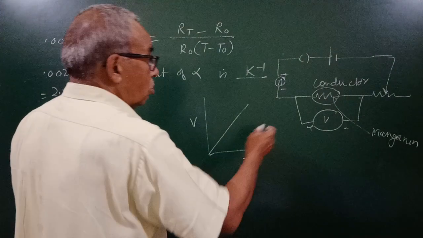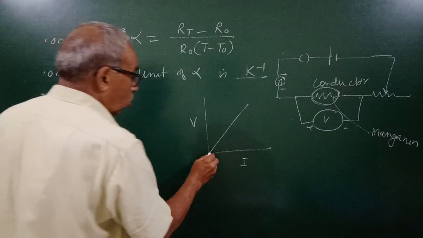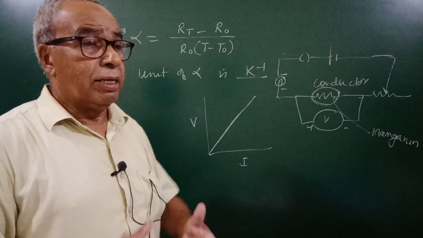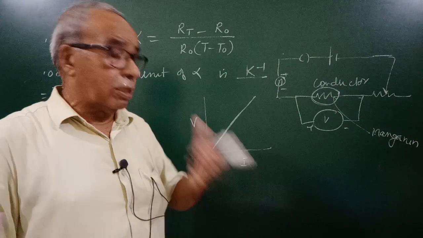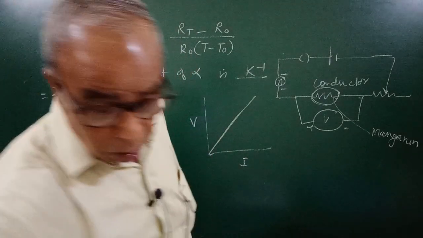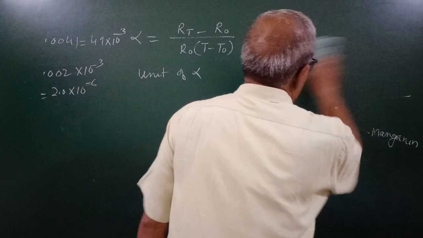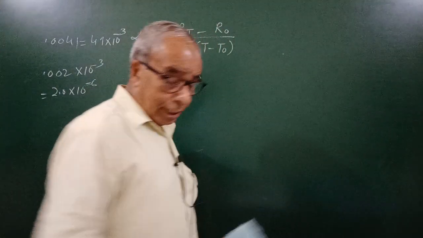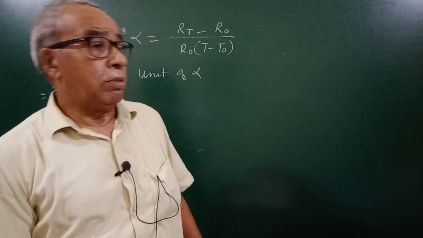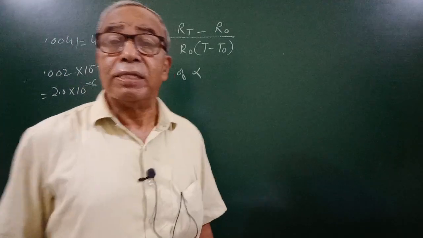In manganese the resistance does not change, so it almost comes as a straight line. Similarly, in the potentiometer and meter bridge we assume the resistance of the device remains constant. For every material the conductor gets heated when current passes, but manganese wire has no significant increase in resistance after heating, so we use it.